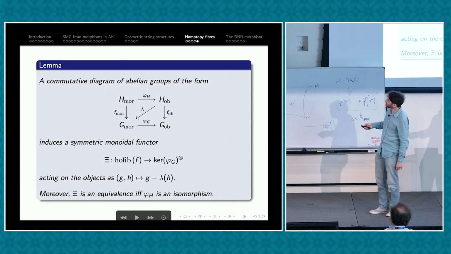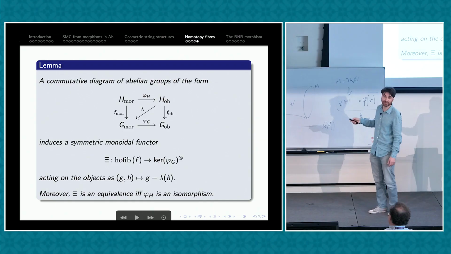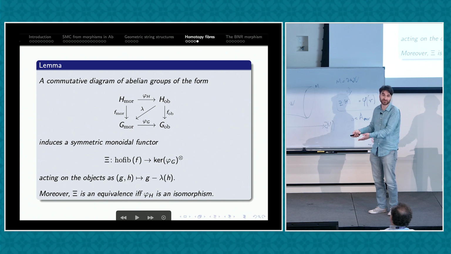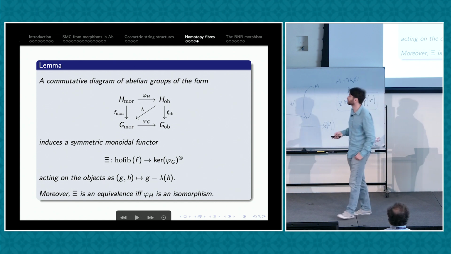Whenever you have a null homotopic map between chain complexes, the homotopy fiber is just the direct sum of one of the complexes with the truncation of the other. Here you see the truncation of the other. And if the map on the top is an iso, it means that this complex here is acyclic, and then you don't see it at all. So you just see this. No surprise in this, but it's useful.